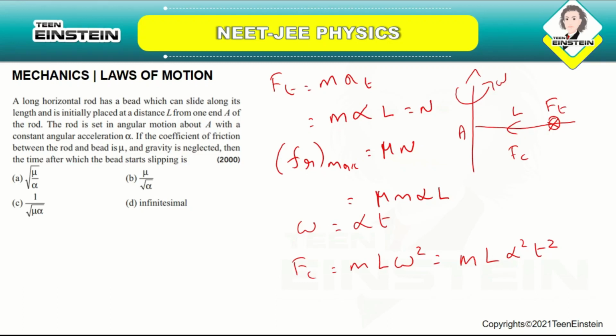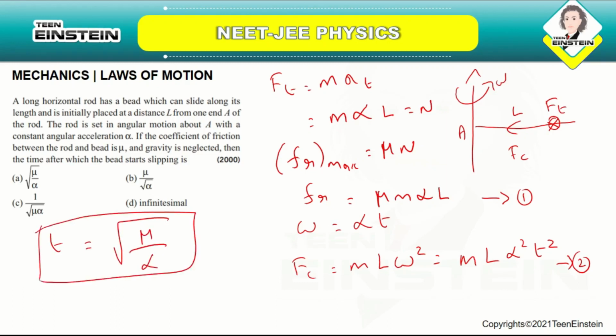Now equating equations 1 and 2. So this you can take as equation number 1, Fr, and this you can take as equation number 2. If we equate these two, because the centripetal force will be equivalent to the frictional force, you will be getting the t value equal to root of mu by alpha.